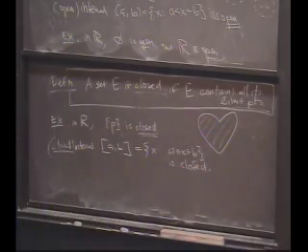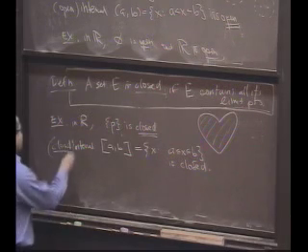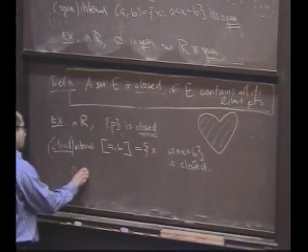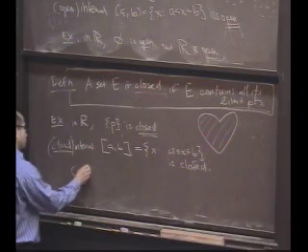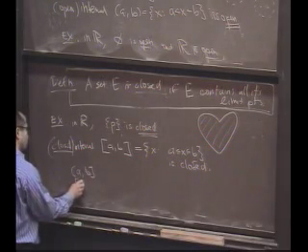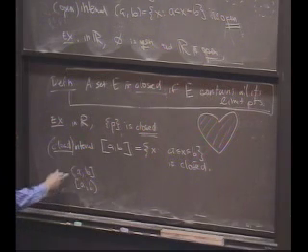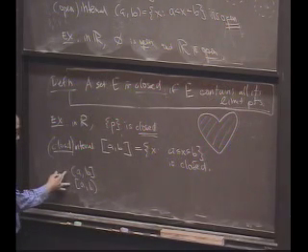I will just mention that there are the other intervals, [a, b) and (a, b], where you include either a or b. Are these open sets? Are these closed sets? They are neither open nor closed.